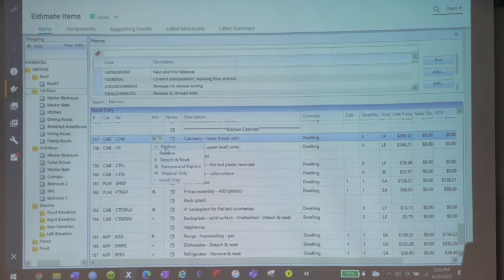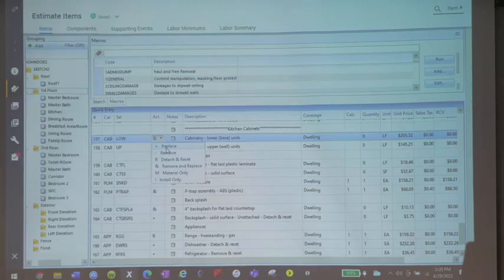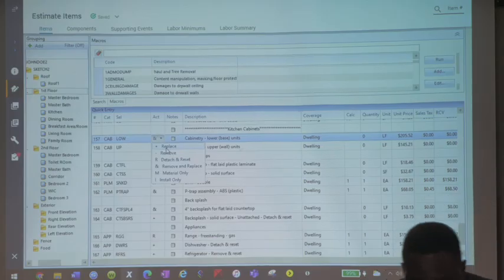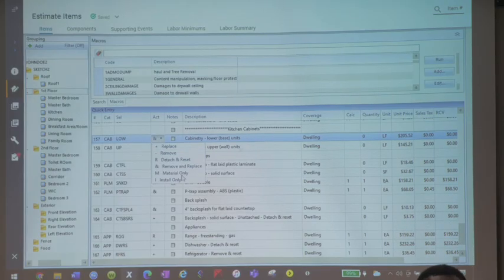I already have them all pre-placed for you guys in all the line items. Once you change one of those actions, the price changes. I've got them all in place for you, so you ain't got to try to figure it out. You're welcome.